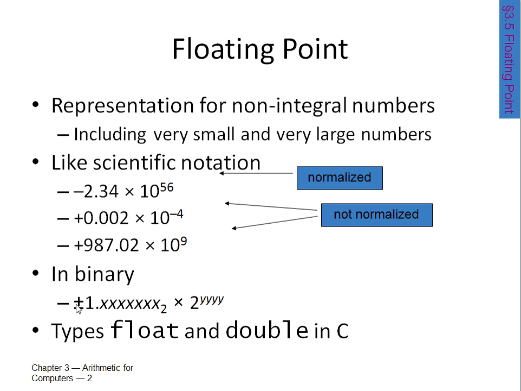Now in binary, they're pointing out that there's a sign and 1 point, a bunch of X's. This is in base 2, and since we're expanding scientific notation in base 2, we have 2 to some exponent. This is what floats and doubles are in C, and that'll just vary how many X's and Y's you have available to you.